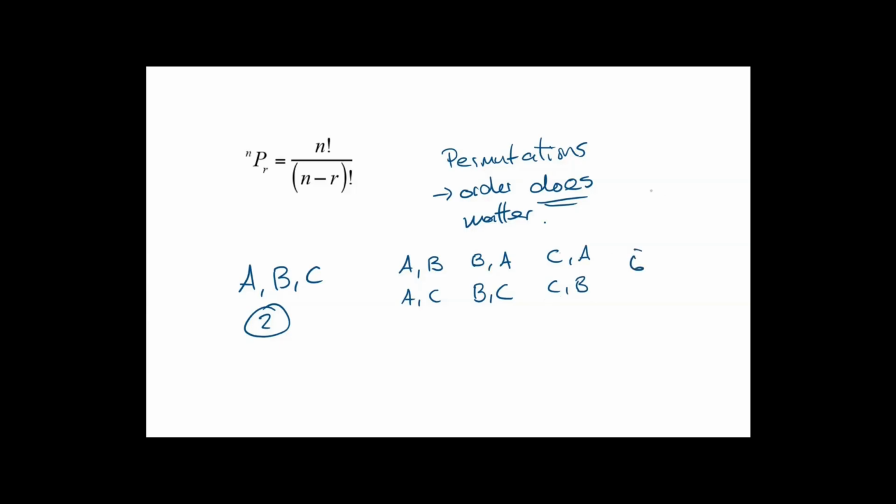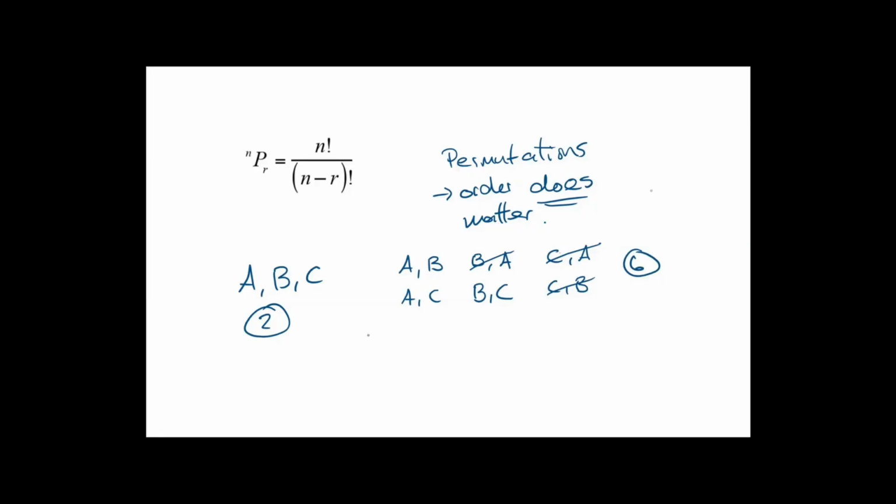So there are 6 different combinations if the order matters. Remember, when we did combinations, there were only 3, because a combination AB is the same as BA, AC would be the same as CA, and CB and BC would be the same thing. But here it really does matter.